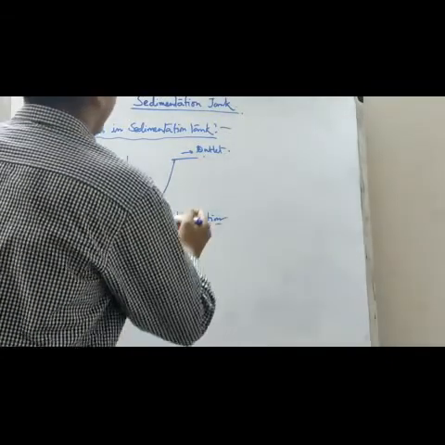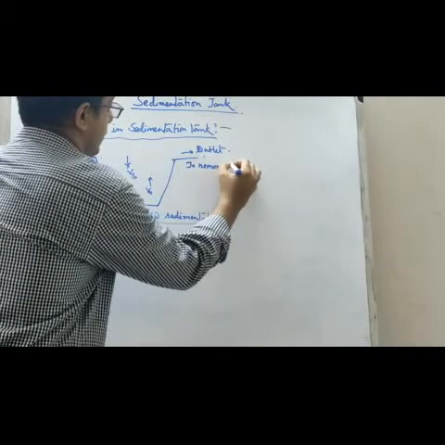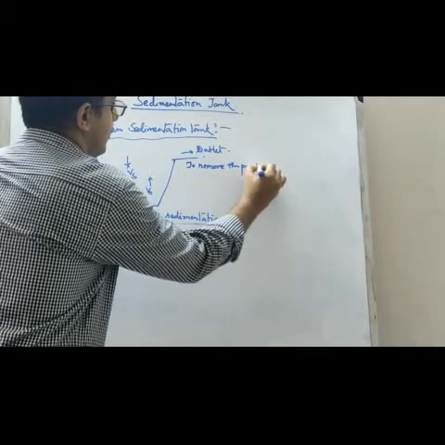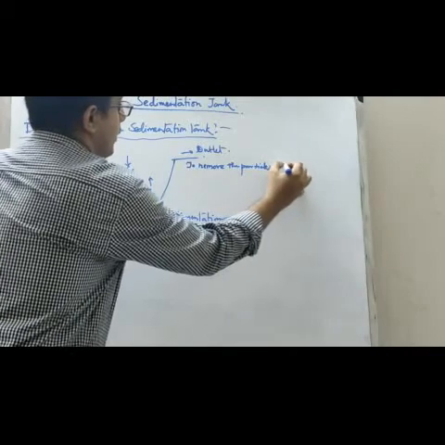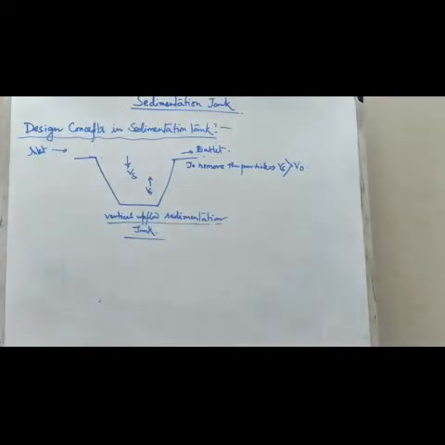So to remove the particle, the condition is that settling velocity should be greater than the overflow velocity. That is why Vs is greater than V0. In other words, Vs should be equal to or greater than V0.